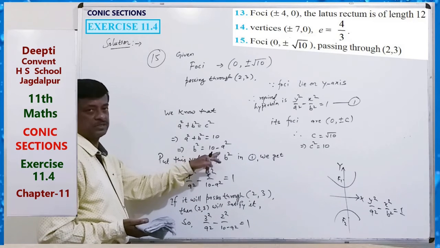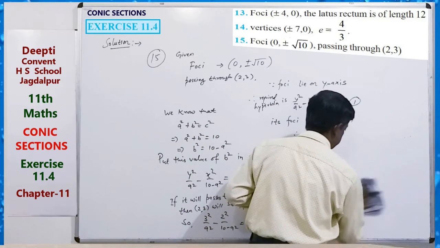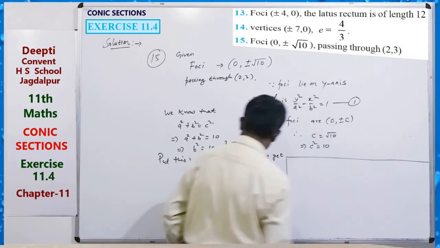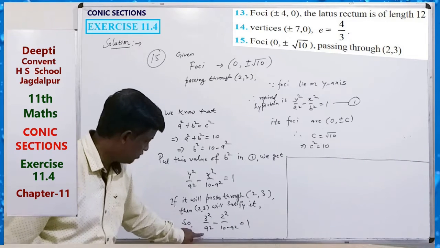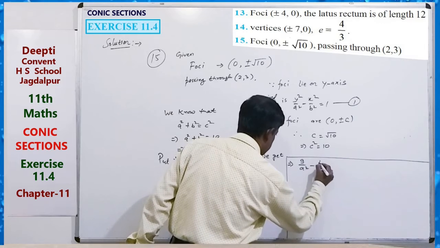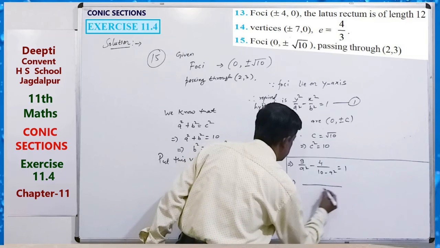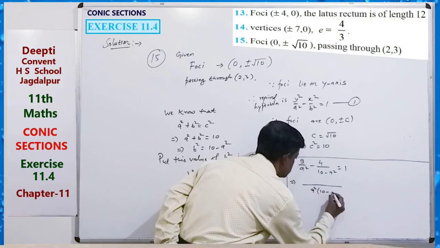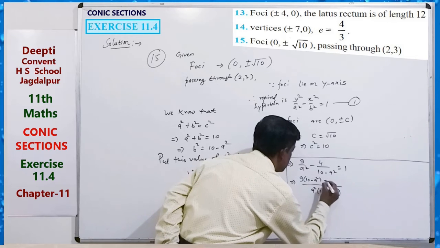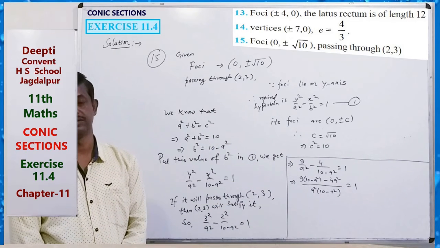b square equals 10 minus a square. Okay. Now, after this line, 9 by a square minus 4 by 10 minus a square equals 1. Just take the LCM. So a square into 10 minus a square; 9 into 10 minus a square minus 4a square equals 1. Just we will get like this.